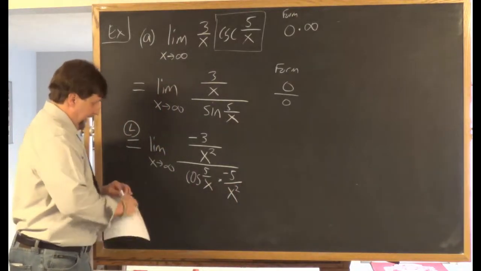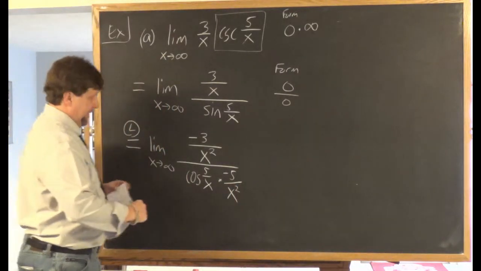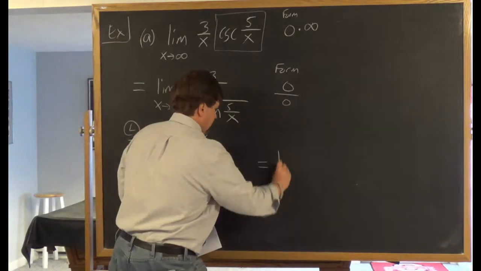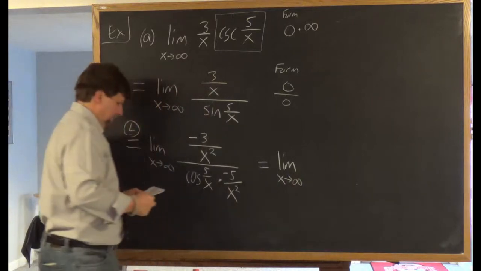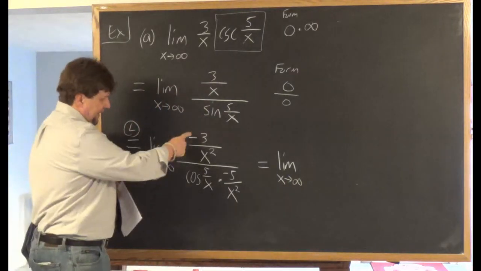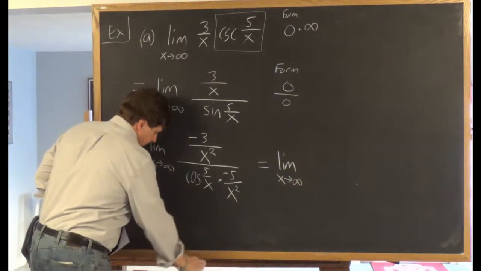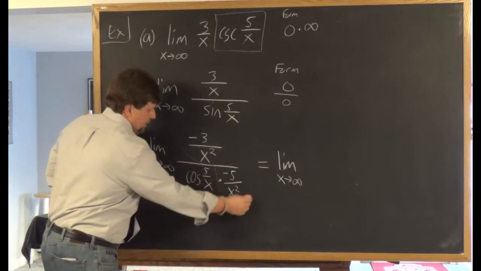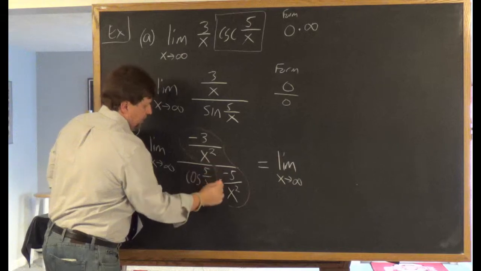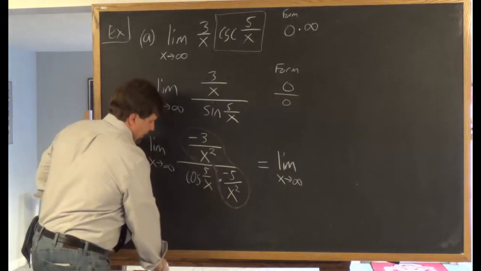Now we can simplify here. In fact, that's my next step, is actually going through the simplification. This negative 3 over x squared over negative 5 over x squared.